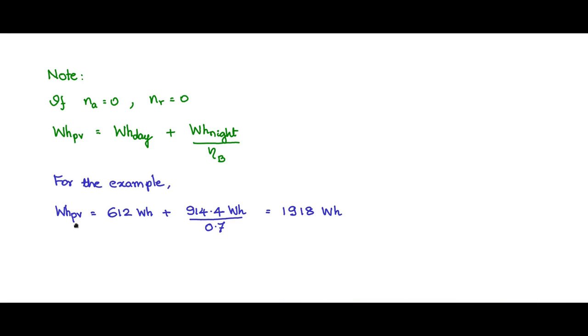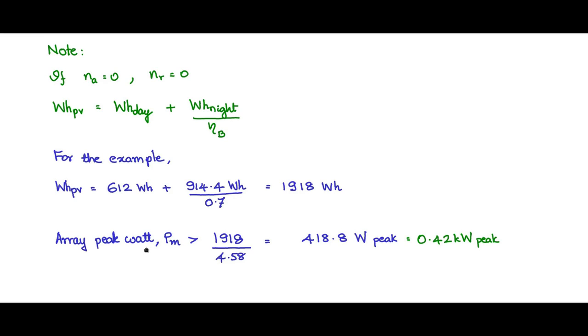The watt hour PV is equal to 612 watt hours for the day load, 914.4 watt hours for the night load, plus you have to include also the charge discharge losses. So we have the 0.7 or 70% battery efficiency, and all this works out to be 1918 watt hours.